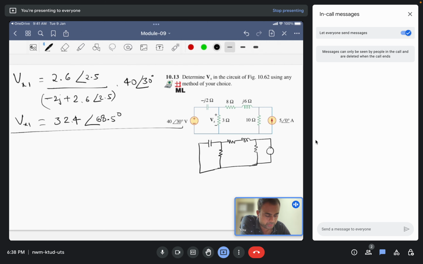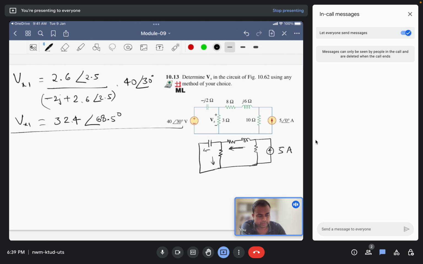So we have a current source here of 5 amperes. So we can first calculate the current here in this portion, and finally once we get the current, we can calculate the current further in these two branches.